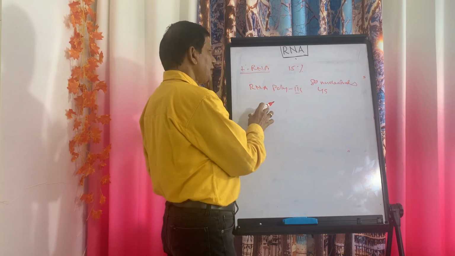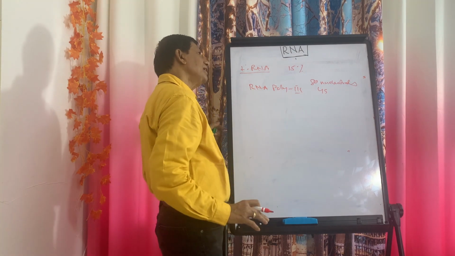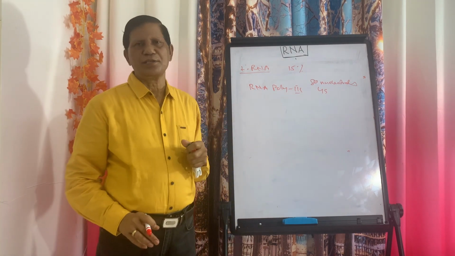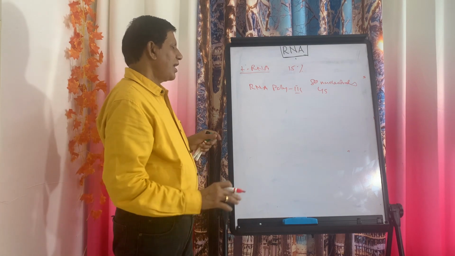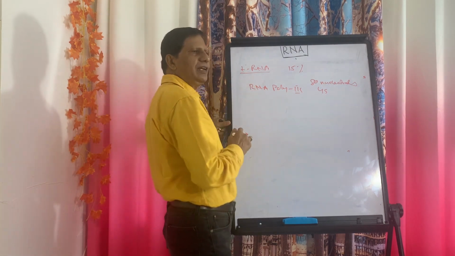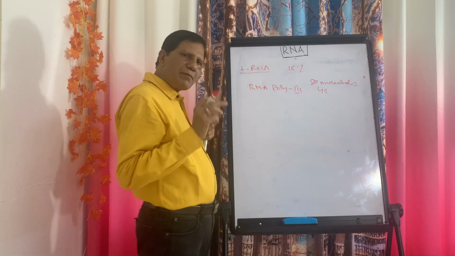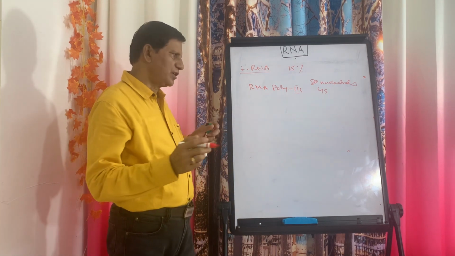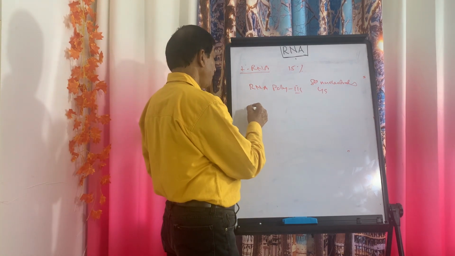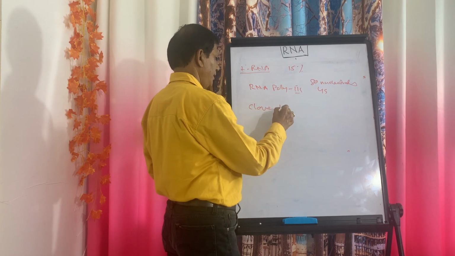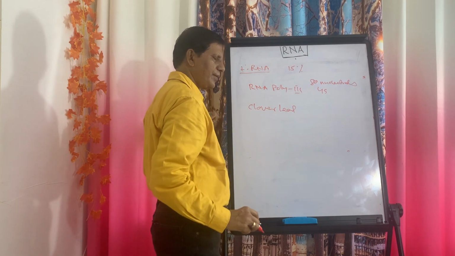Now, the structure of the tRNA is very interesting. Robert Holley gave a two-dimensional secondary structure which is known as the cloverleaf model. It is a very famous model.